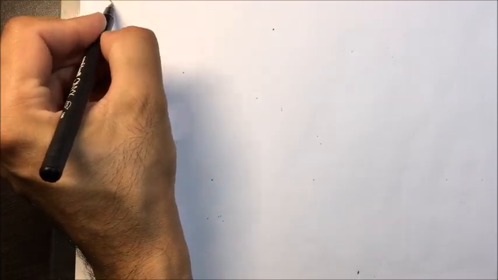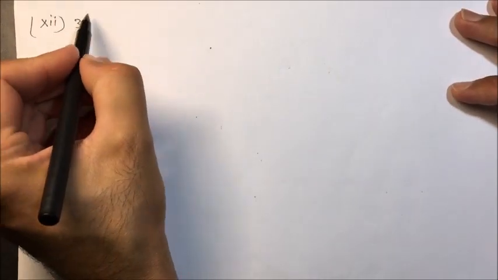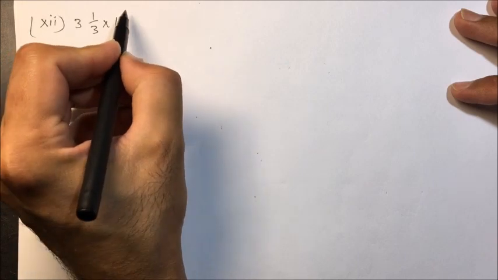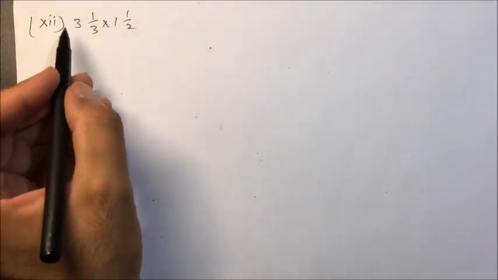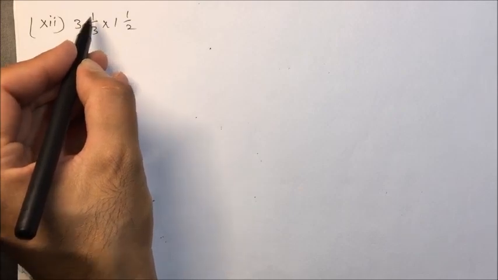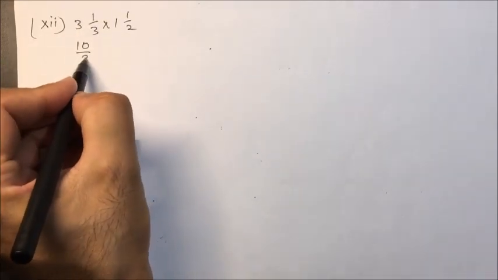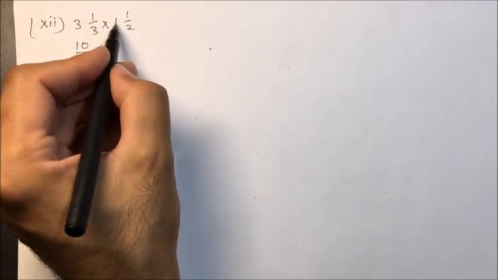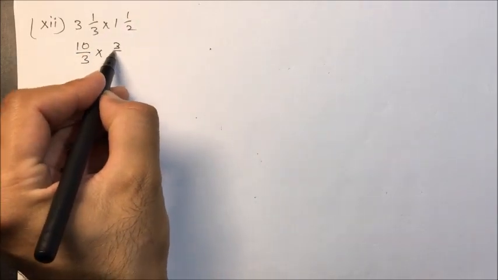One more question I am taking, that is the 12th. We have the number 3 1 by 3 into 1 1 by 2. So convert it into improper fractions. 3 into 3, 9, 9 plus 1, 10 upon 3 into 2 plus 1, 3 upon 2.